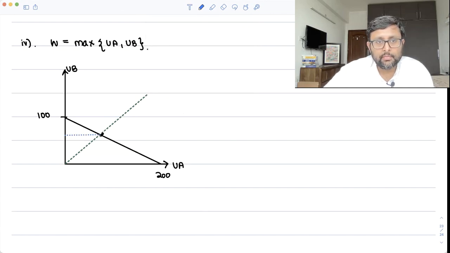Is this the maximum social welfare? No, you can go further. Is this the one? No, you can go further. Is this the one which is going to maximize? No, even you can go further. Right?